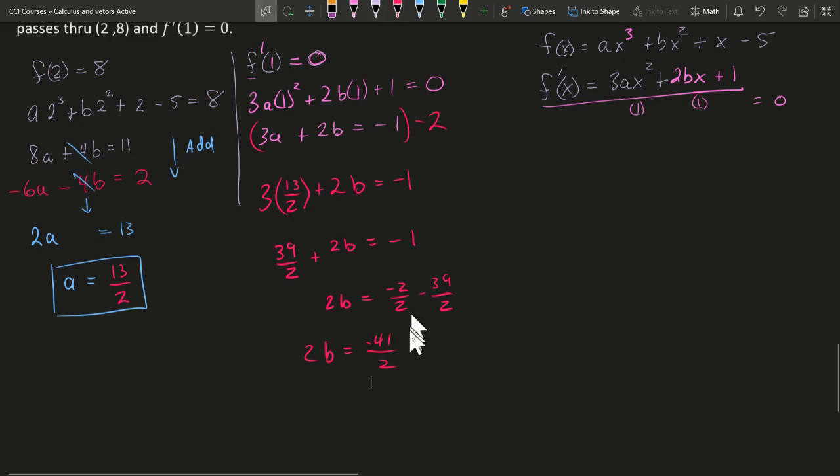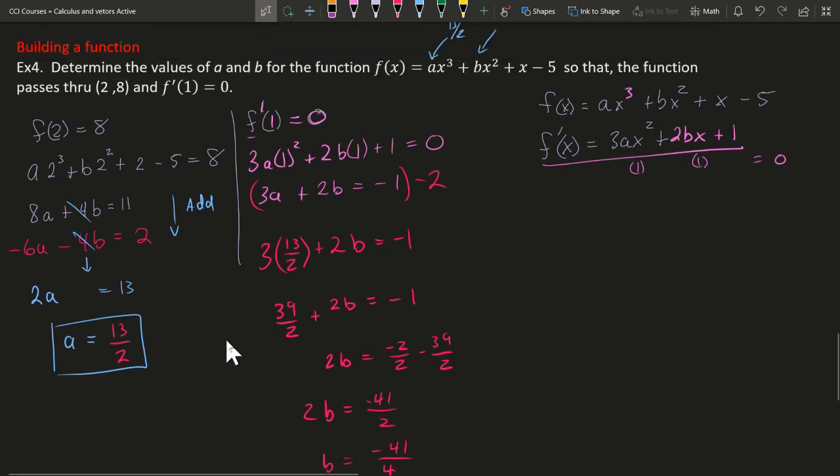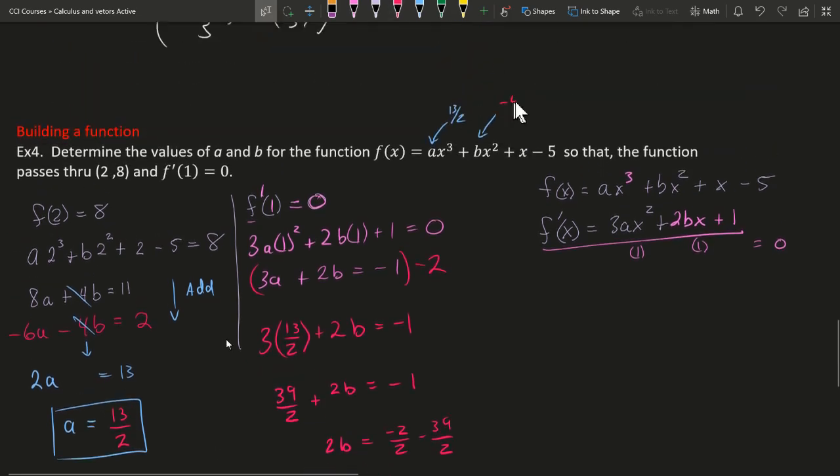Now if I divide my 2 over, and I'm going to multiply it in with this 2, I'm going to multiply both sides of the equation by a half, cut each one of them in half. So I'm going to end up with b is a negative 41 over 4. Okay, and that's what b is. So a negative 41 over 4.